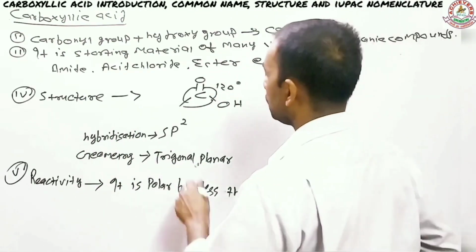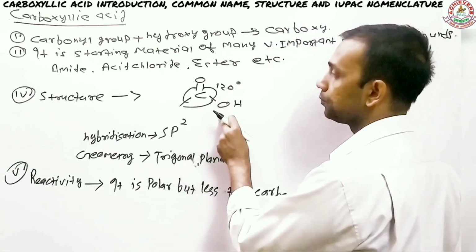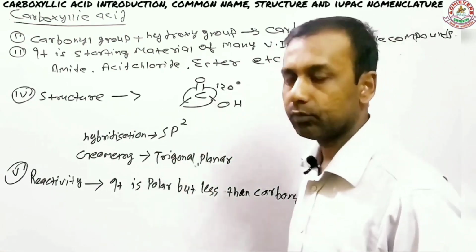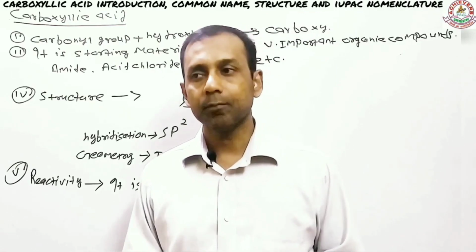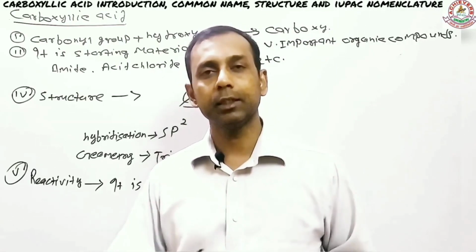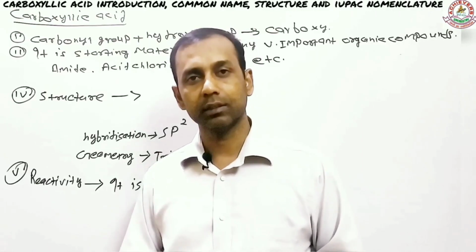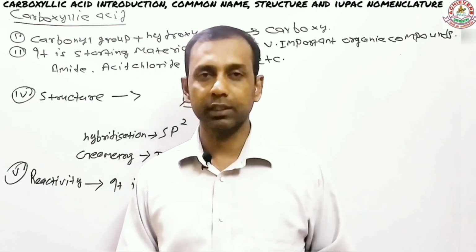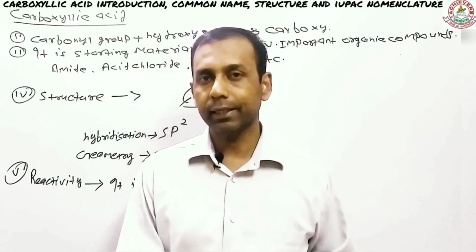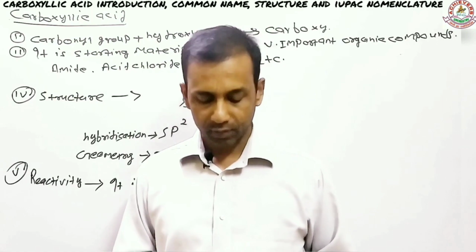It's because the hydroxyl group has its own polarity, which actually decreases the polarity produced between the carbon and oxygen in the double bond. So due to the presence of the hydroxyl group in the carboxylic group, it is polar but slightly less polar than the carbonyl group itself, right?